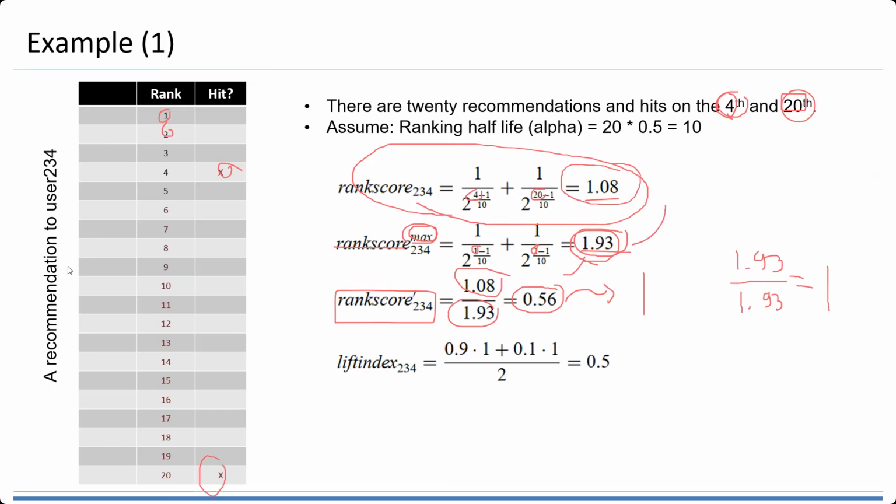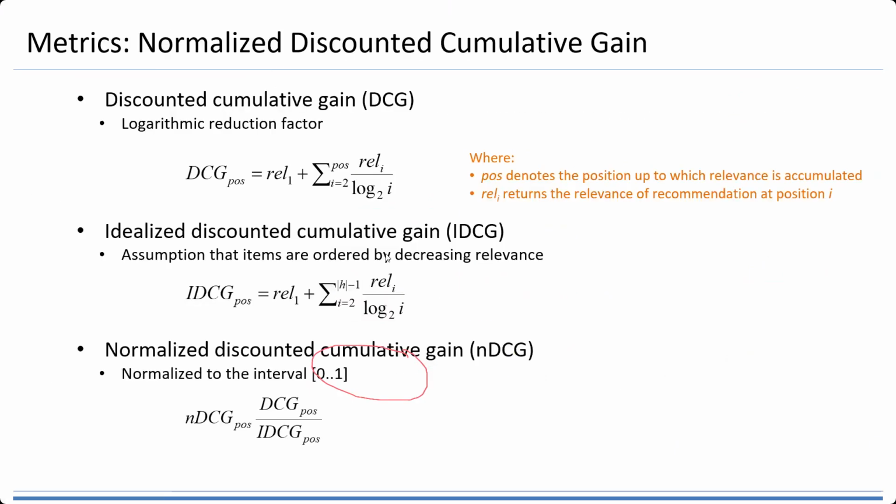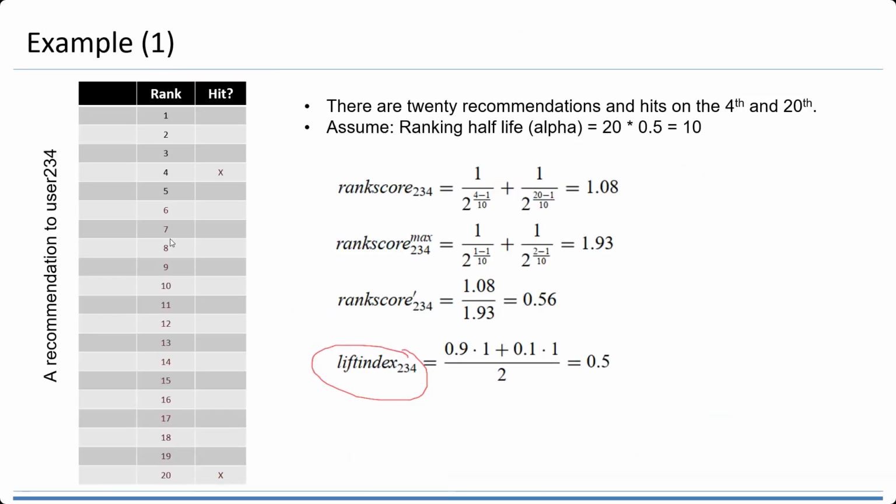So we can also use the lift index. What is the lift index? The lift index uses the decile. What is a decile? We want to divide into 10 equal deciles. Now, let's check where this position is and where this position is.